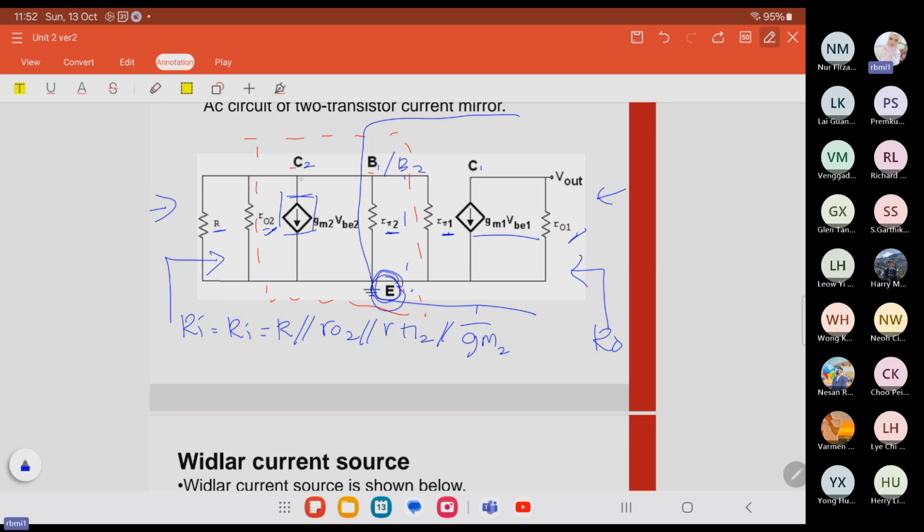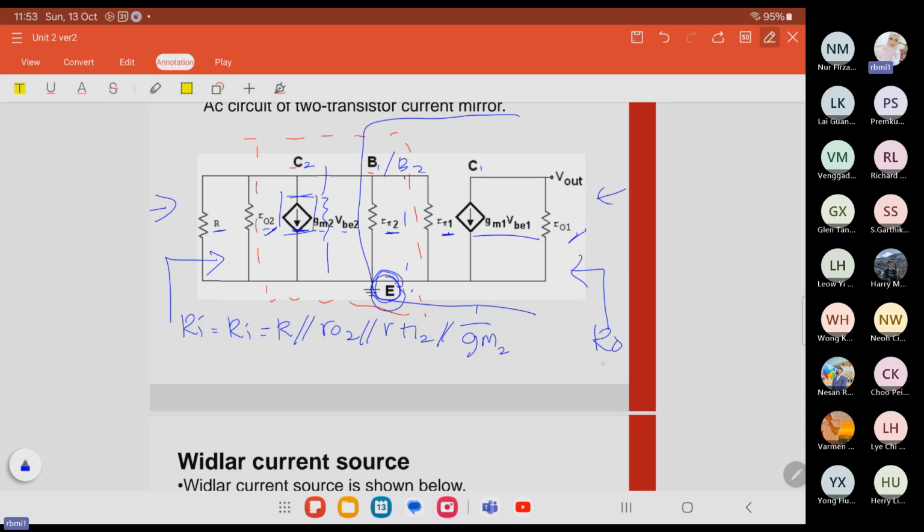Since it is open circuit, we replace it with the transistor. Since we have the current source, for the transistor it is V over current, so 1 over gm2.